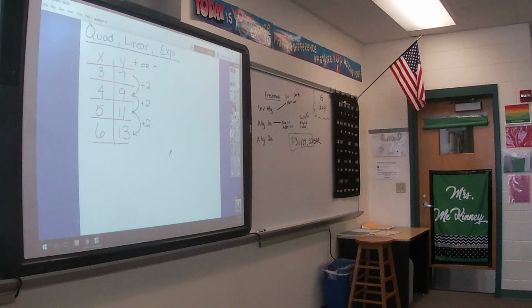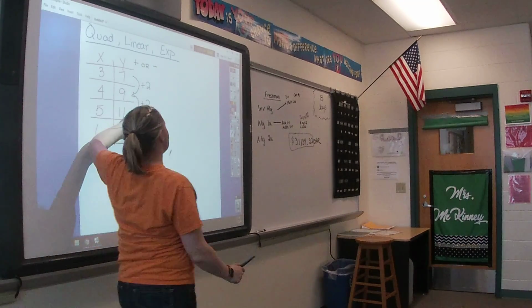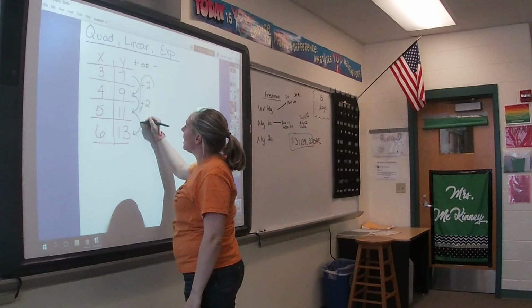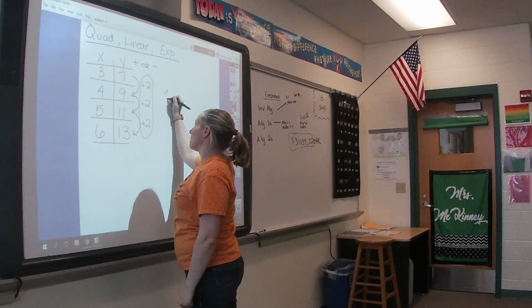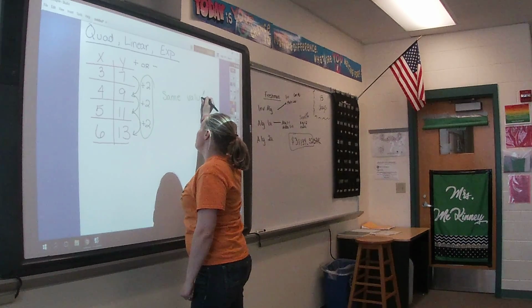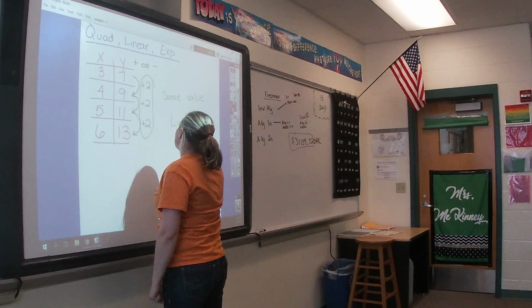Do we see how all three of those values are the same? This is a plus 2, a plus 2, and a plus 2. When all three of these values are the same, it is a linear function.